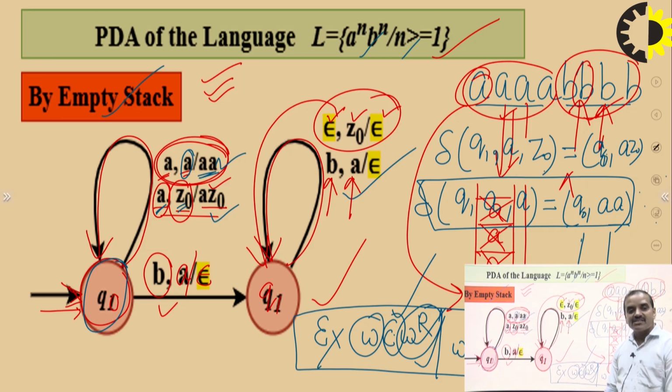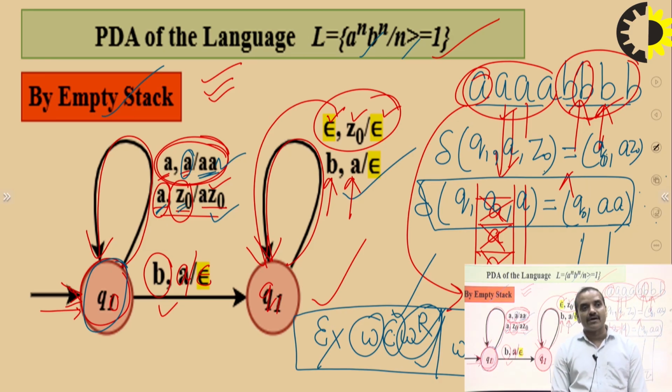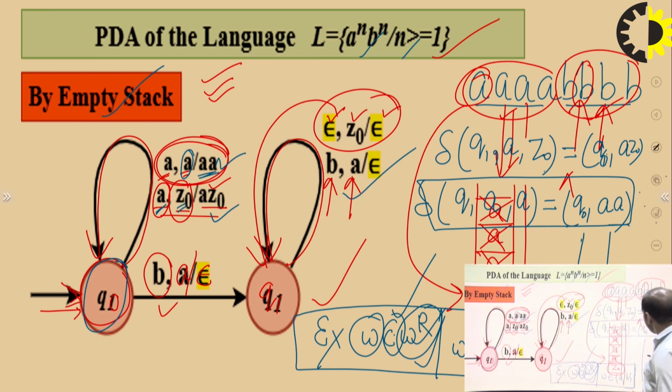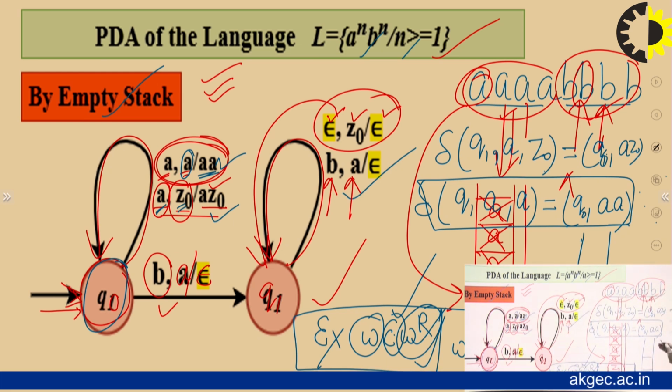Continuous A or continuous B, we push inside the stack, and so on; all the A and B are pushed inside the stack. When C is encountered, without changing the stack symbol, we move on to the next state.